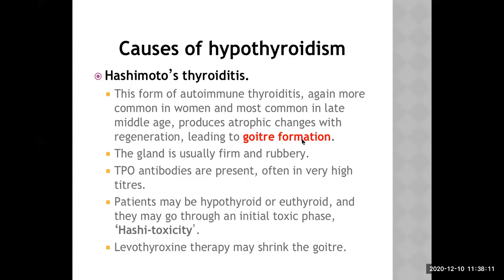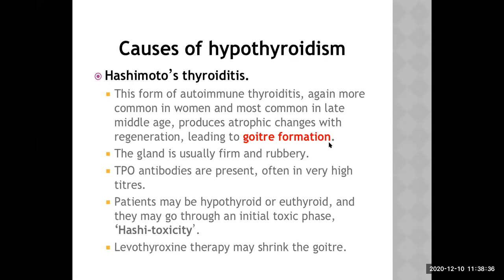What is the mechanism here? In the beginning, it also leads to some atrophic changes, but later on, those atrophic changes convert into a regenerative phase. As a result, goiter is formed. So that is the difference between the atrophic type of autoimmune thyroid disorder and Hashimoto's thyroiditis.